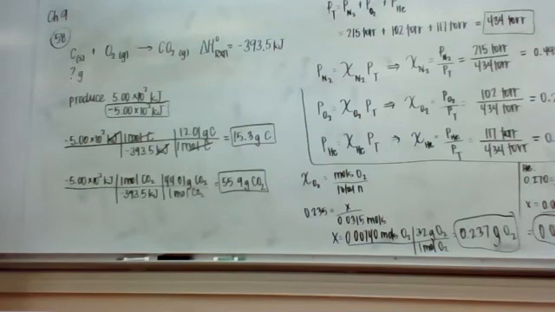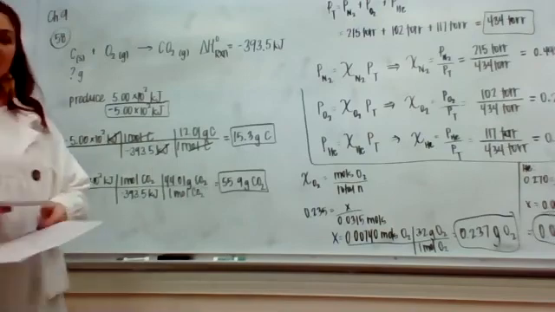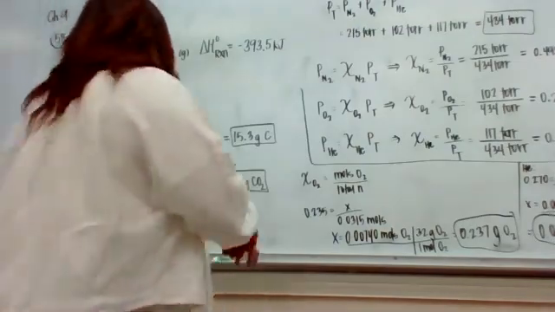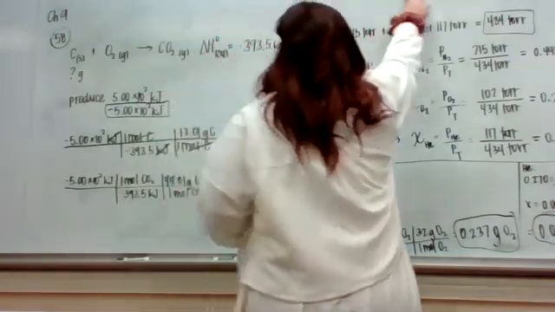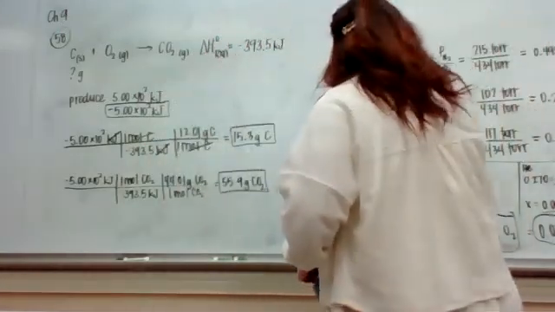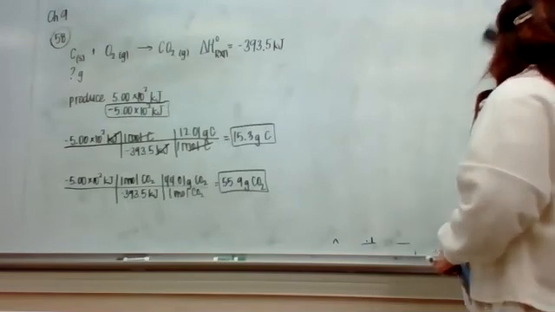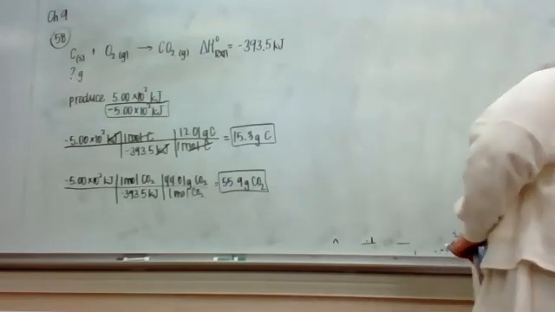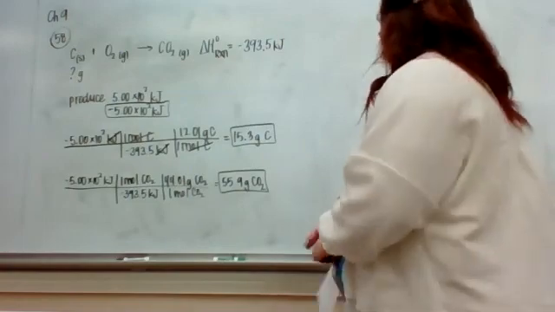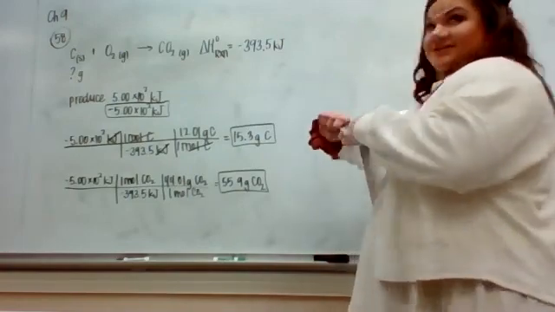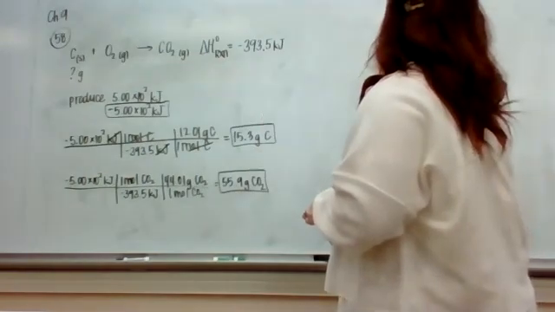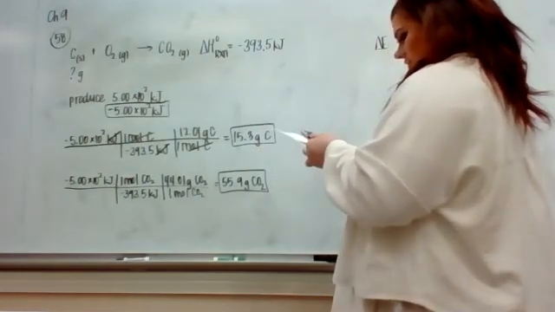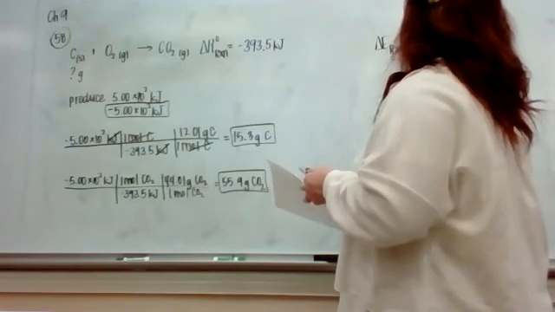On 68, anytime they ask you for a delta E or a delta H, like they did in 68, basically all they want you to do is... so in 68, they were asking you to find the delta E, right? Delta E of reaction.